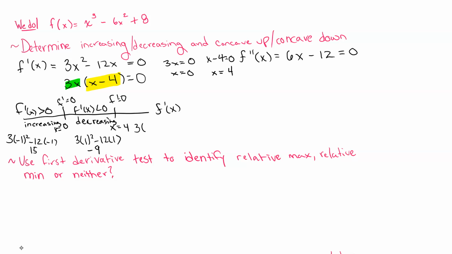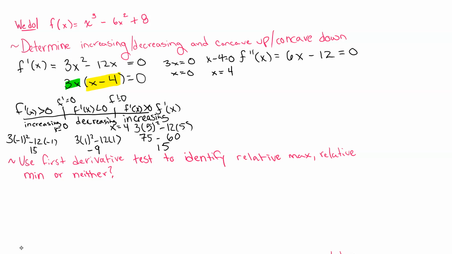So I'll do 5. And this one would be 5 squared, 25, times 3, 75, minus 5 times 12, 60. Positive 15, so we're increasing. And that means our first derivative is greater than 0.